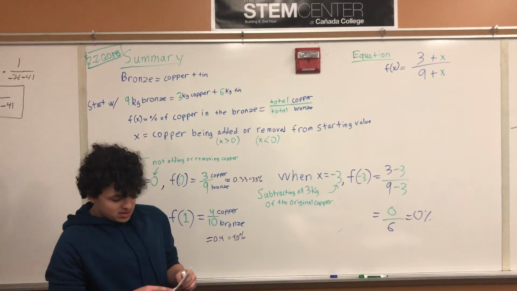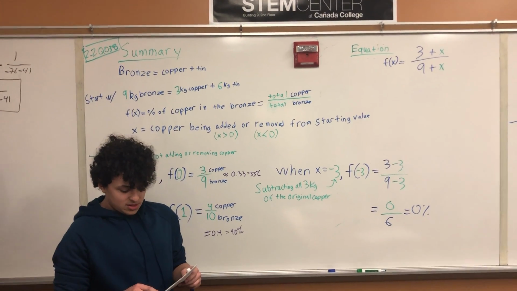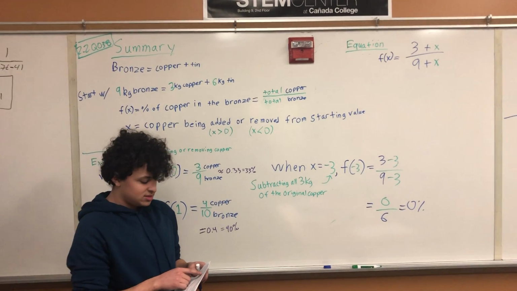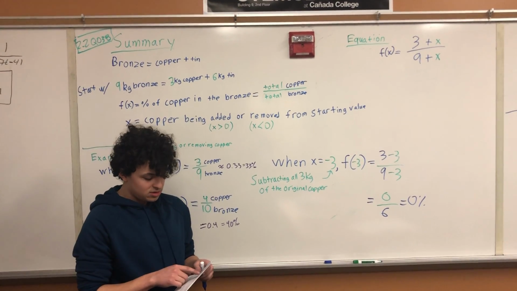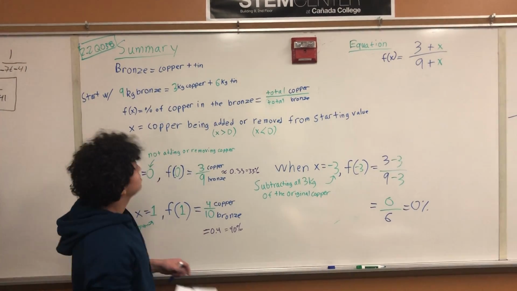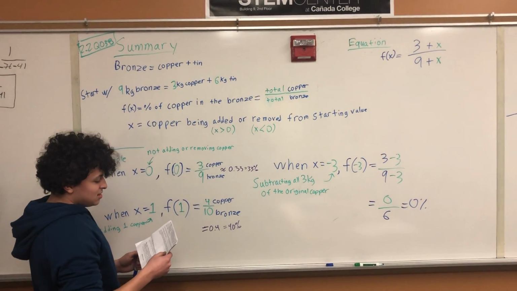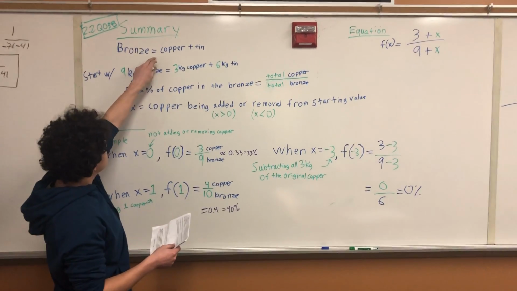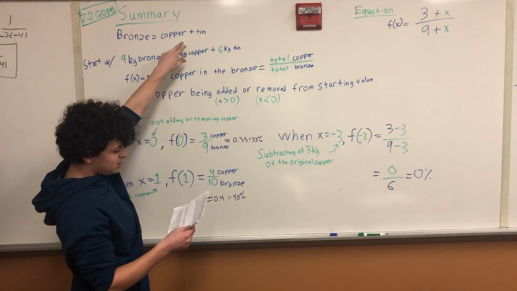Let f of x be the percentage of copper in the mix. If x kilograms of copper are added, x is greater than 0, or removed, x is less than 0. So basically it's saying that bronze is equal to copper plus tin.